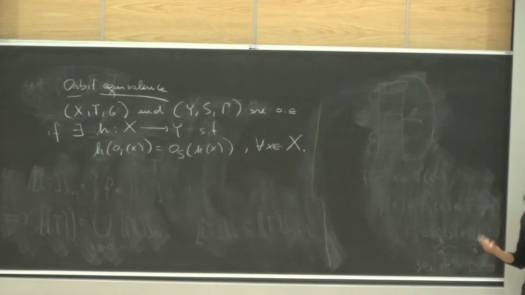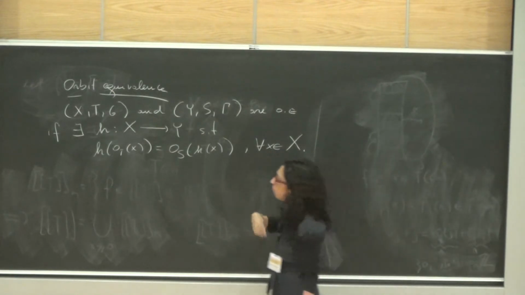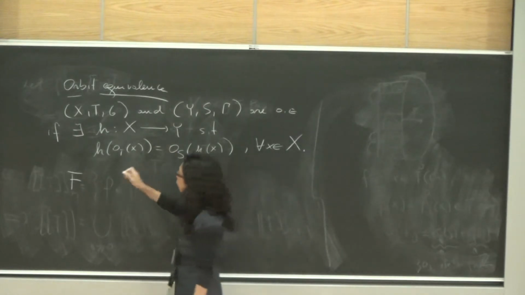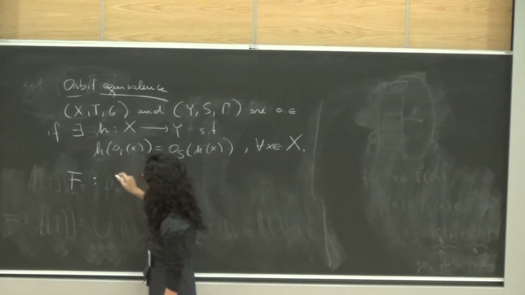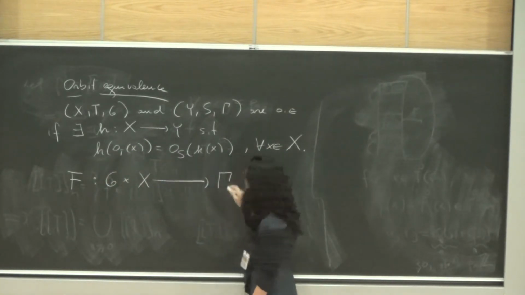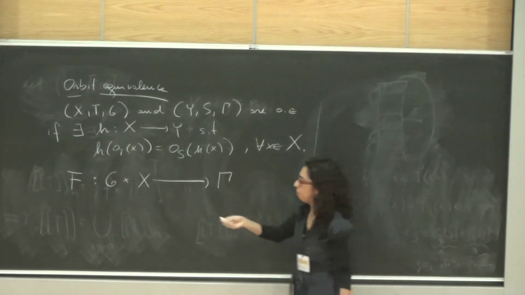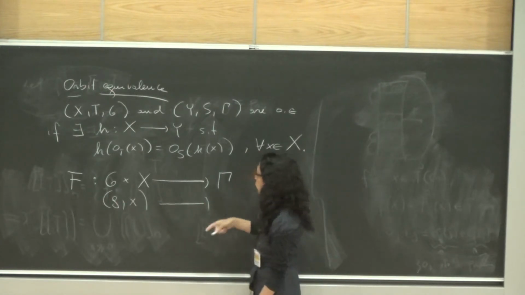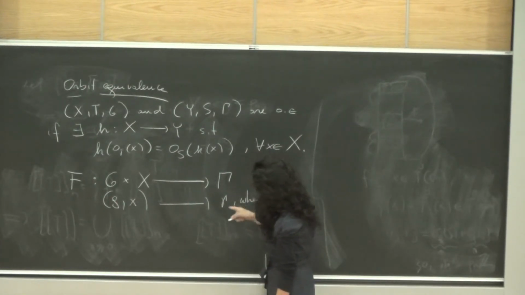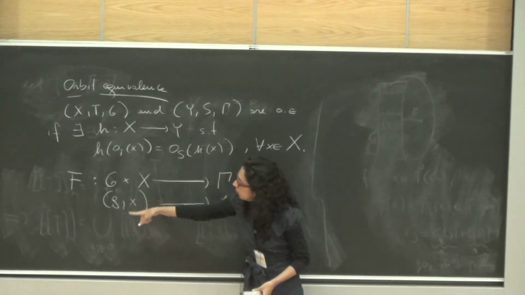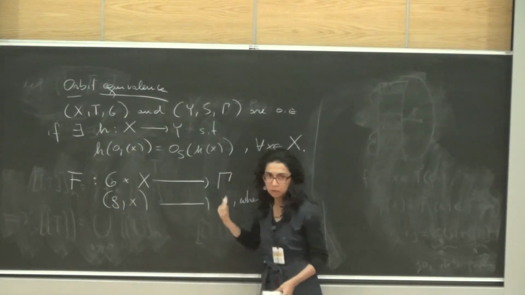And when the systems are free, which is the case that we are assuming here, we can define something similar to what we did yesterday for Z actions. So when the systems are free, we can define the function from G times X to Gamma, the function that takes a pair (g, x) and gives you some gamma, where gamma is exactly the place in the orbit of Hx where Tgx arrives.